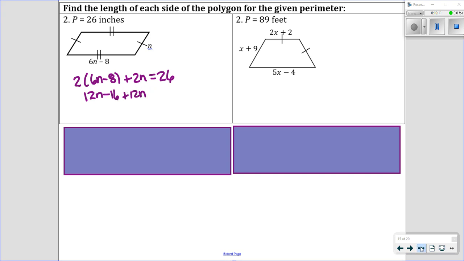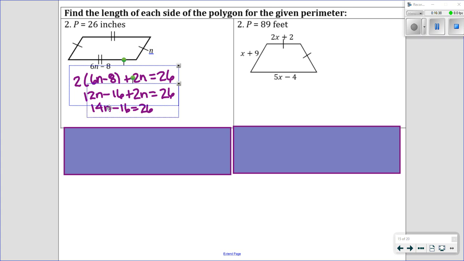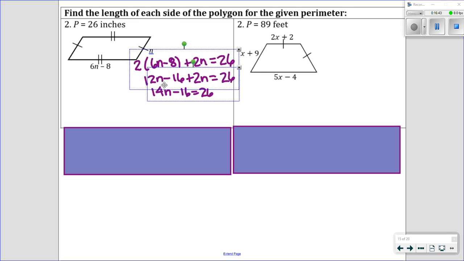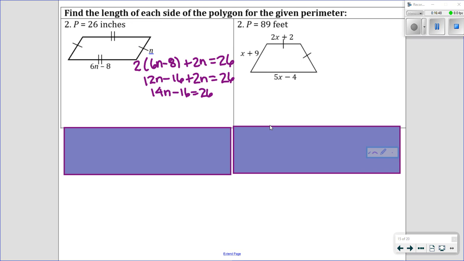Oops, I put 12 by accident. That should be 2. Then you combine like terms. That gives you 14n minus 16 equals 26. So now you're going to add 16 to both sides.